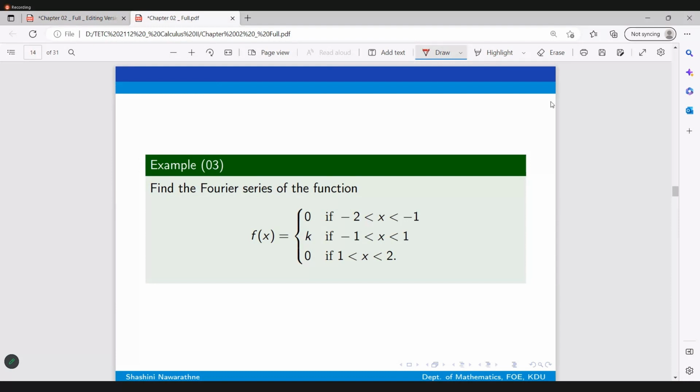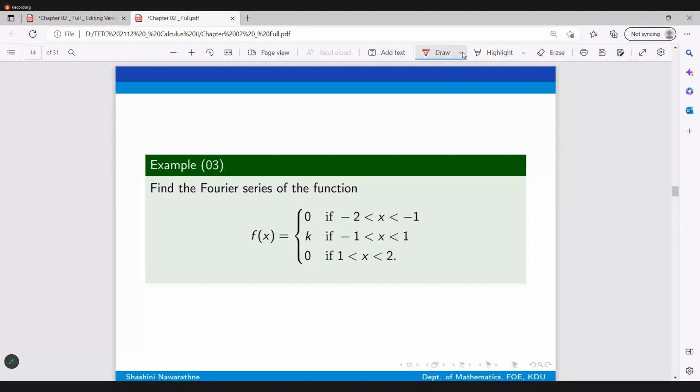Okay, example number 3. So we are asked to find the Fourier series of the function f of x is equals to 0 if x is from minus 2 to minus 1, and f of x is equals to k from minus 1 to 1, and f of x is equals to 0 from 1 to 2.